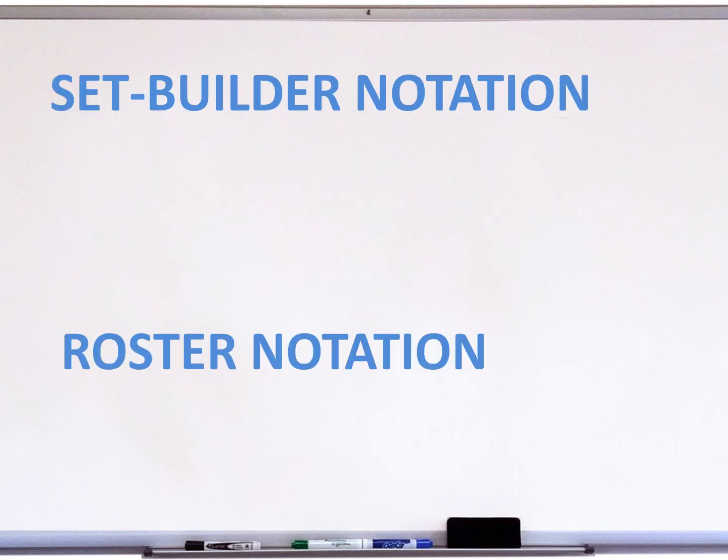Let us now compare set builder notation and roster notation. We are going to convert a specific set from set builder notation to roster notation, so we can easily identify the differences between the two methods of writing a given set.